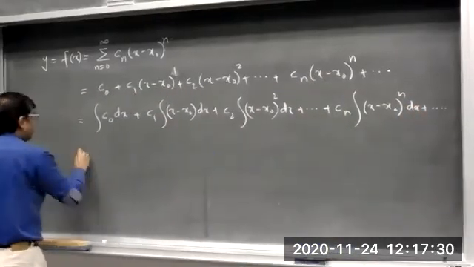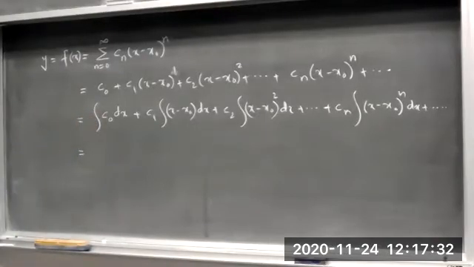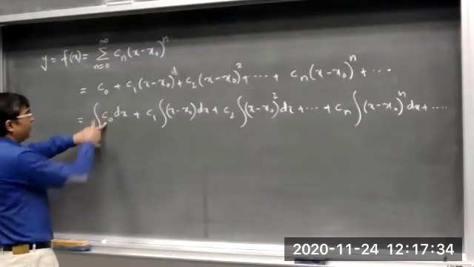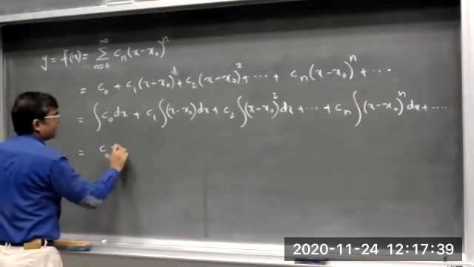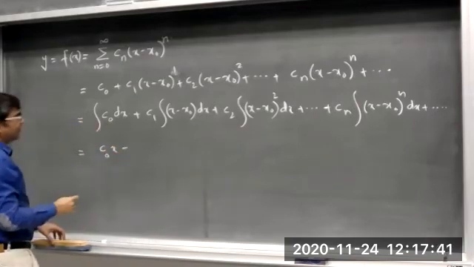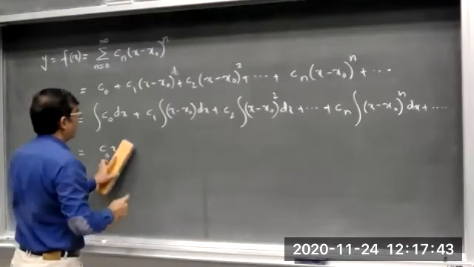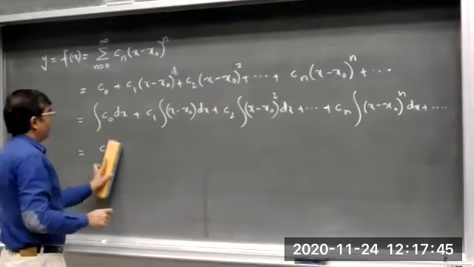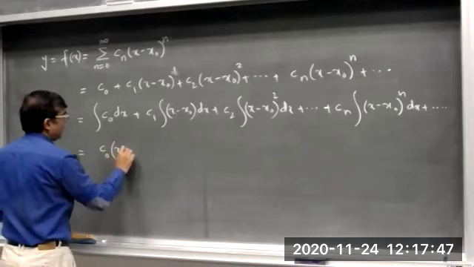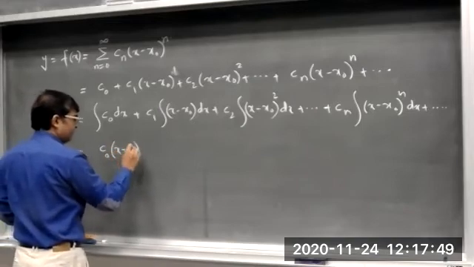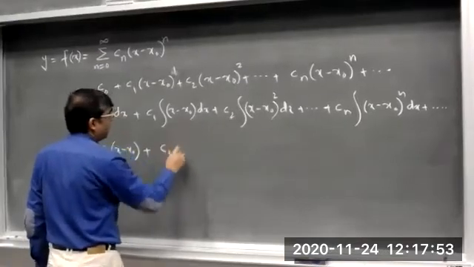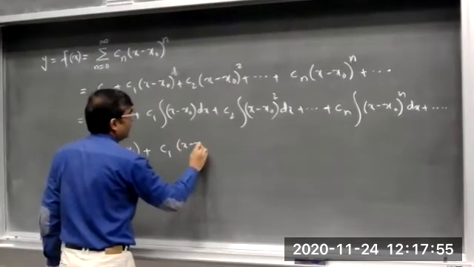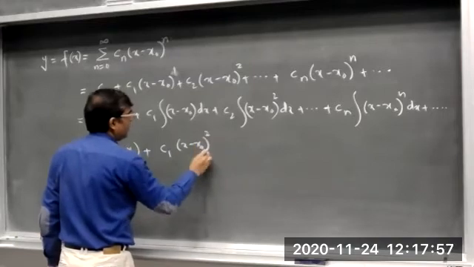So when we take the integral of this thing, here we have a C naught which comes out of this integral, and what do we get here? C naught times x minus x naught, in order to bring the uniformity. Plus (x minus x naught) raised to power 2 divided by 2.